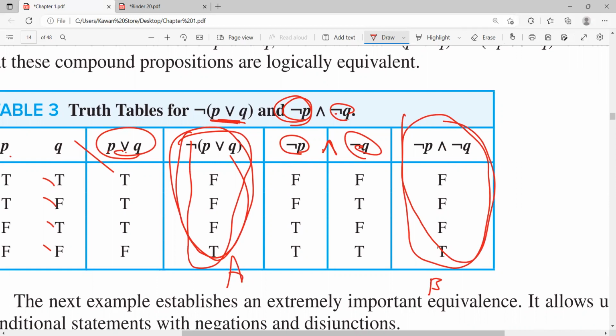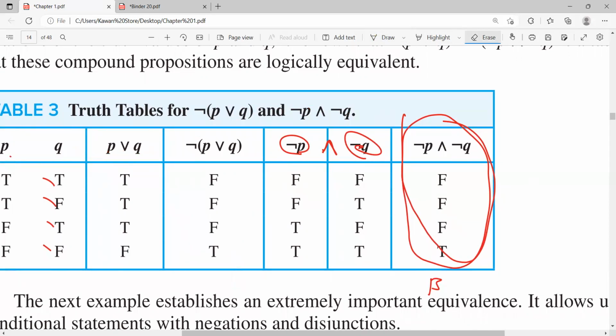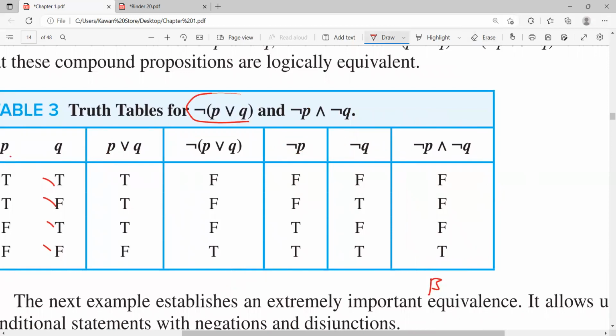Can you help me, do you know how? Just use the truth table, nothing else. The question in your lecture notes says that these two are equivalent. Show that by truth table.